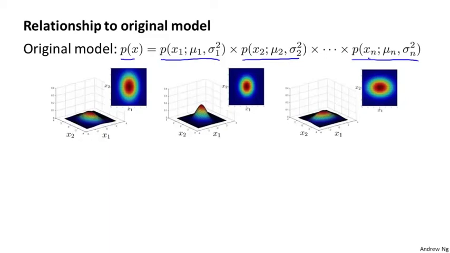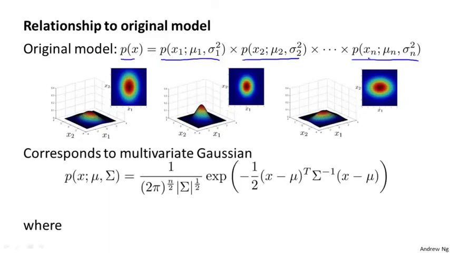And in particular, it turns out that the original model corresponds to multivariate Gaussians where the contours of the Gaussian are always axis aligned. Right? So all three of these are examples of Gaussian distributions that you can fit using the original model. It turns out that that corresponds to multivariate Gaussian where the ellipses here, the contours of this distribution.